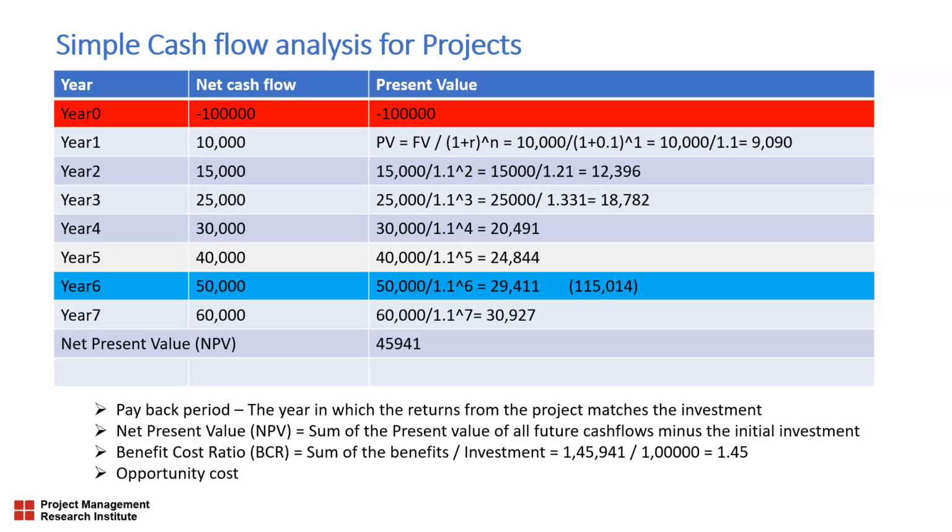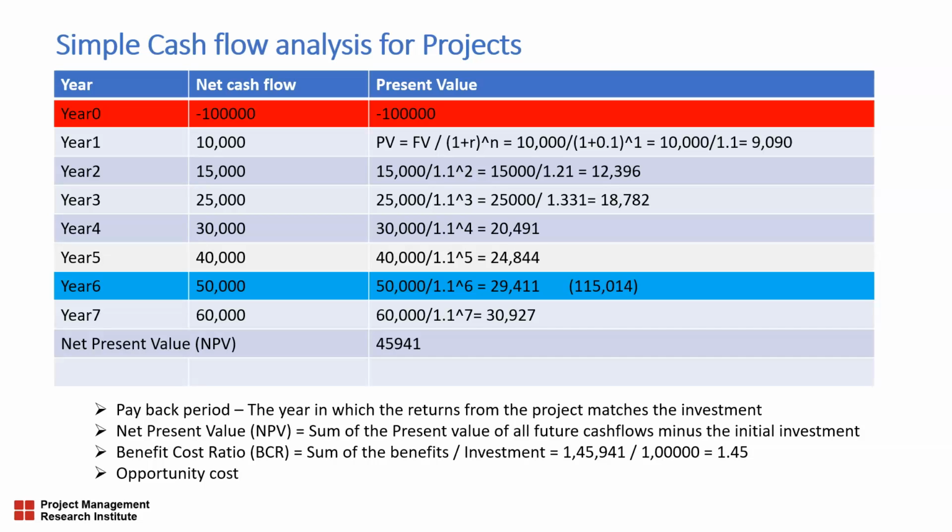So the future value is 200,000, whereas the present value is only 100,000. That means if I'm investing in a project right now, that is in present value, and the benefits from the projects are always projected as future values. That is something which I am going to get in the future.